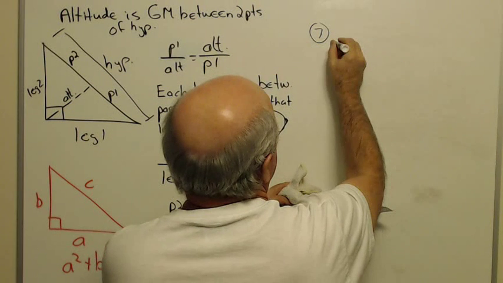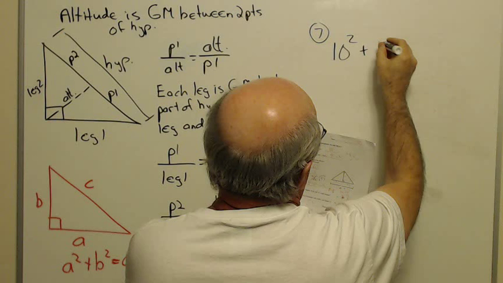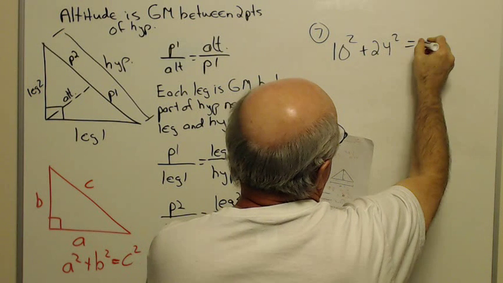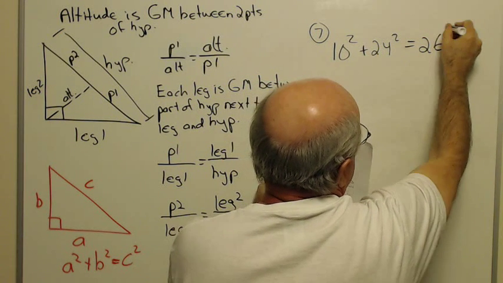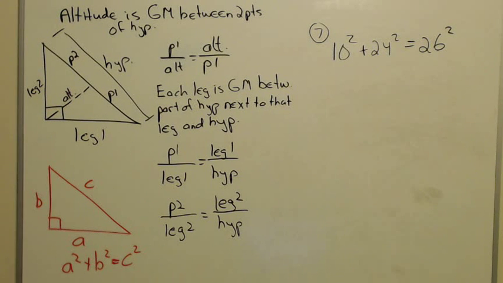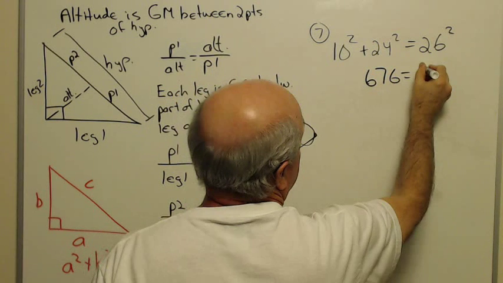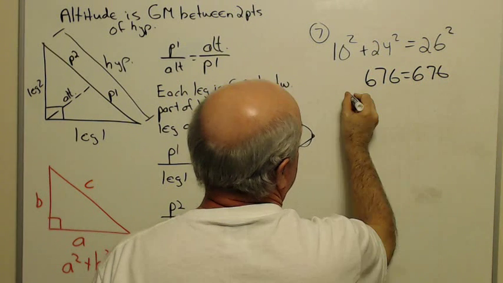Okay, so we're going to check out 10 squared plus 24 squared and see if that equals 26 squared. It turns out that both sides work out to be 676. So since both sides are 676, we say yes, that's a right triangle.